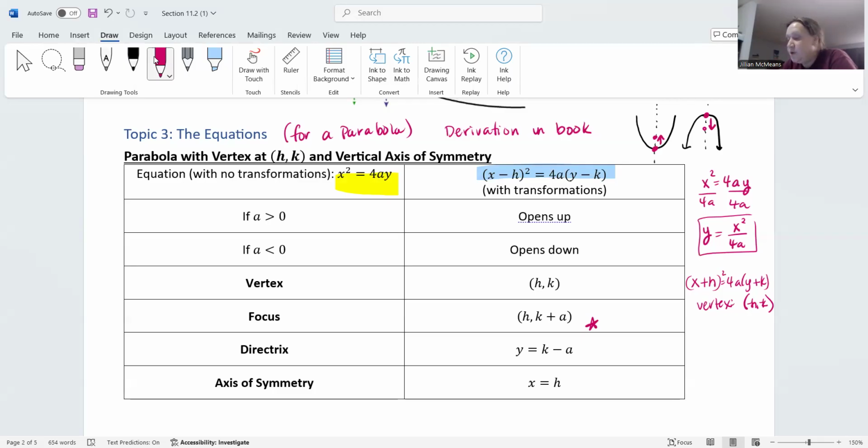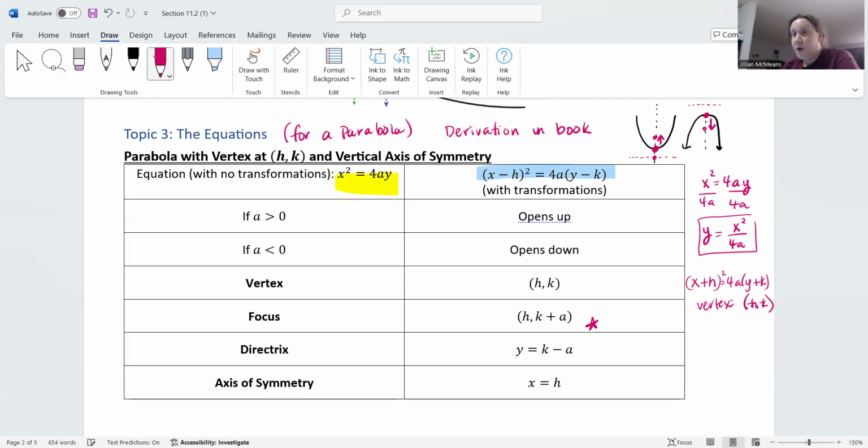Now the directrix, remember, is just a line. The directrix is a fixed line that is outside of your parabola, a units away from your vertex. So how would we get there? Well, if we have a parabola that's opening up or opening down, just go a units away from your vertex, outside of the parabola. We're right here at our vertex. The x value is going to stay the same. We want to figure out what this y value is.